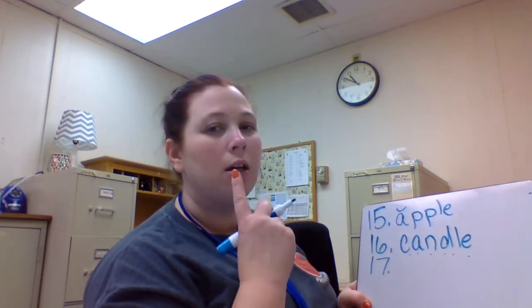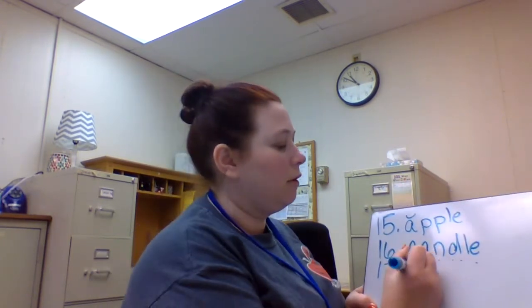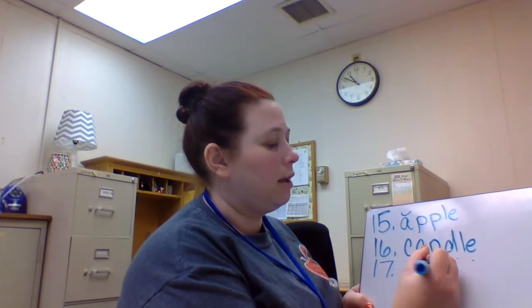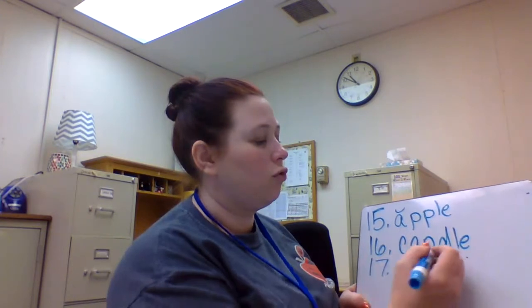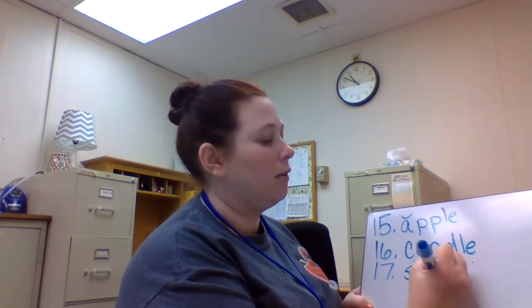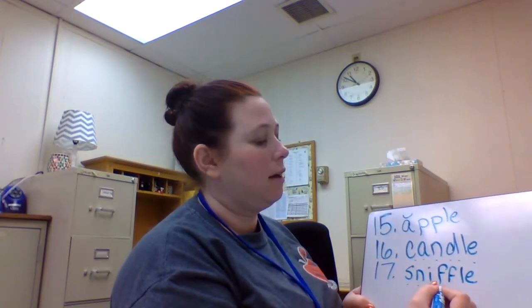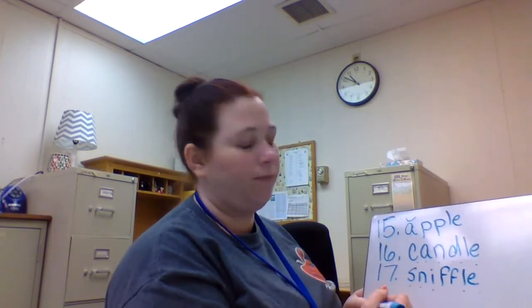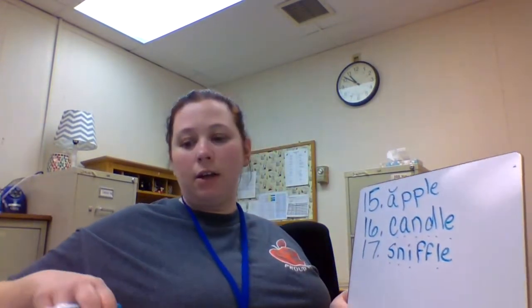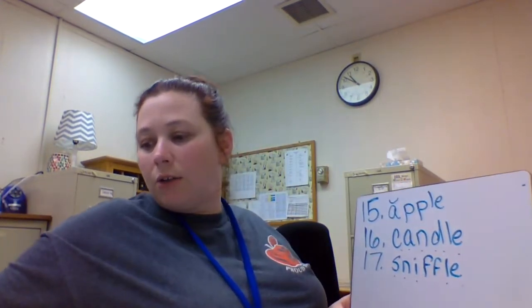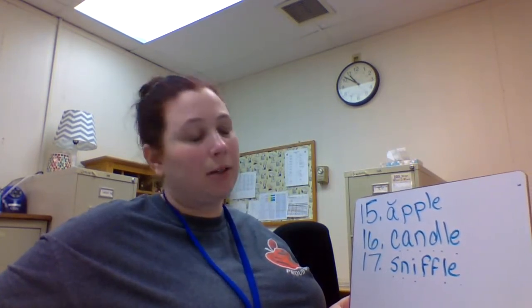So here we hear the short sound s-n-i, and then we already know we're going to have full at the end. So to get that short, we need the double letter, right? The double consonant. Sniffle. S-N-I-F-F-L-E. Good job. I'm going to give you a second to get those down. Next, we're going to talk about coding words for number 18 through 27, like we always do together.